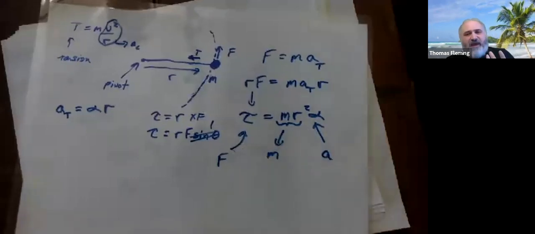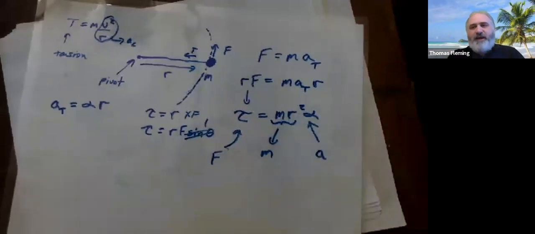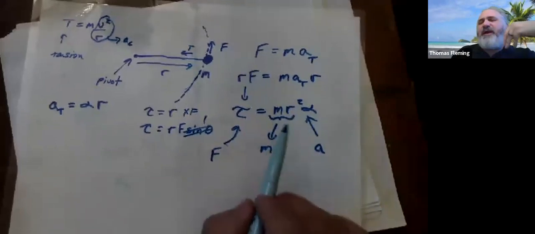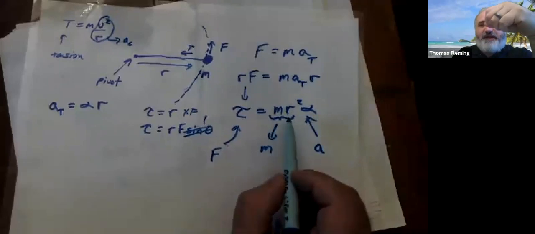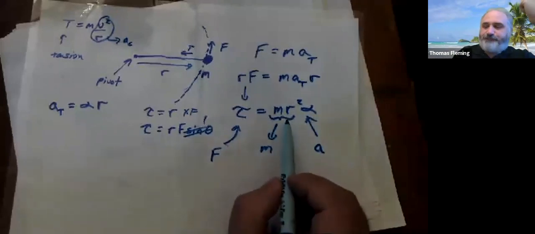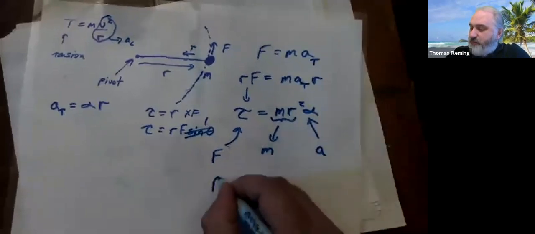It's a thing that determines how much an object resists being rotated. If mr squared is a big quantity, it's difficult to make an object spin. If mr squared is a small quantity, it's super easy to make it spin. So this is going to play the same role in our torque equations that mass played in our linear equations. We're going to give this a name. We're going to call it the rotational inertia.